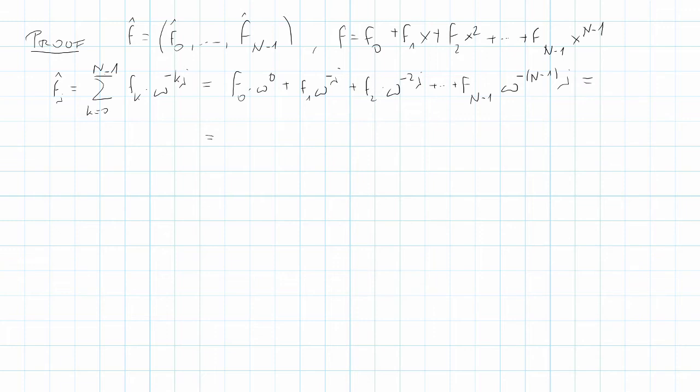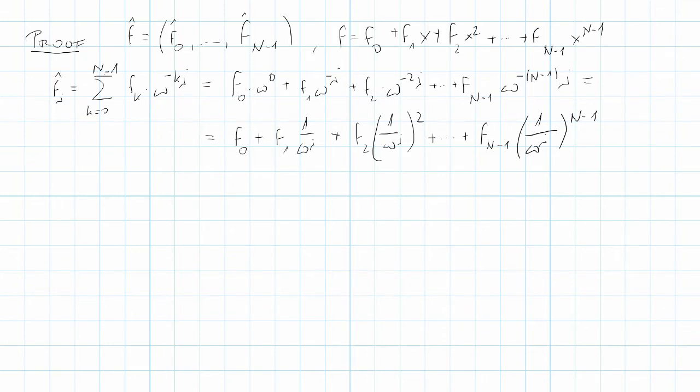But we can write it also this way. This is f0 plus f1 times 1 over omega to the jth power plus f2 times 1 over omega to the jth power squared, and so on, plus fn minus 1 times 1 over the jth power of omega to the n minus 1.